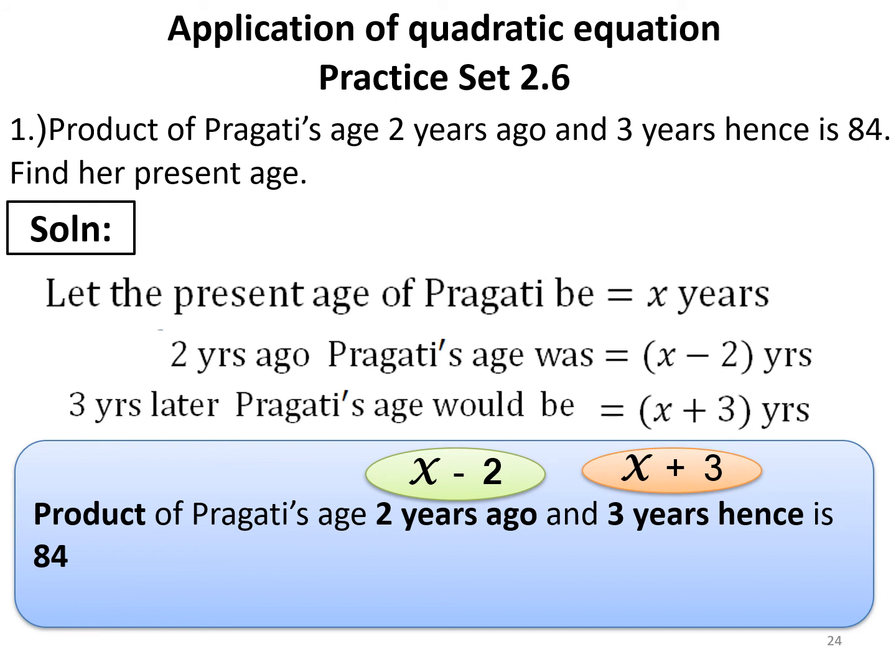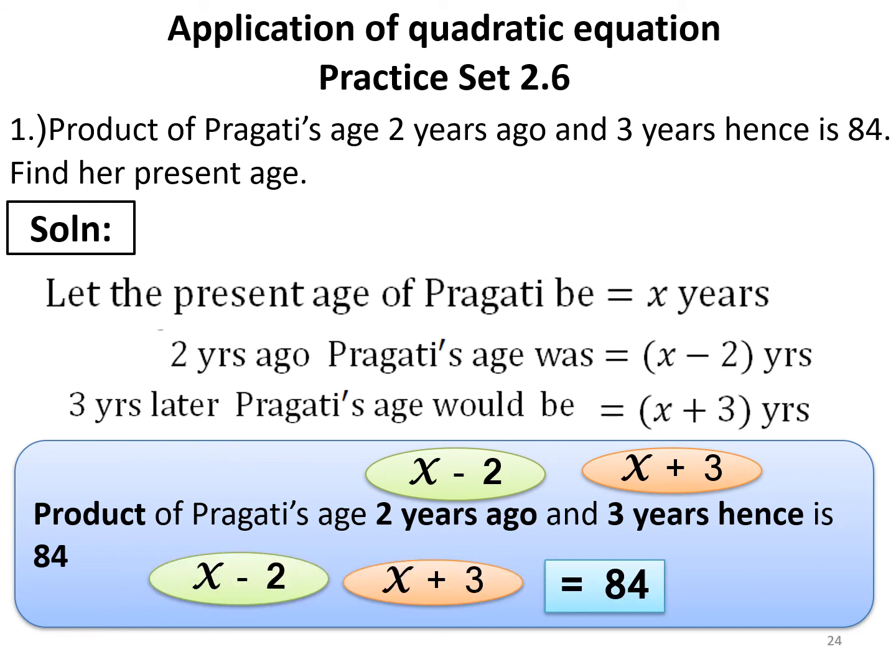Now, according to the given condition, what is the condition? Product of Pragati's age 2 years ago, which was x minus 2, and 3 years hence, which is going to be x plus 3, is 84. So product is nothing but multiplication.